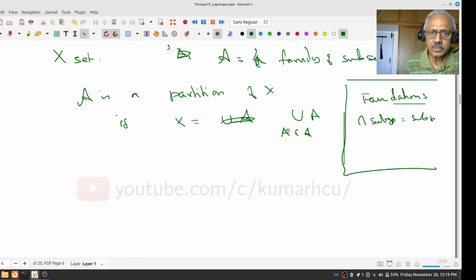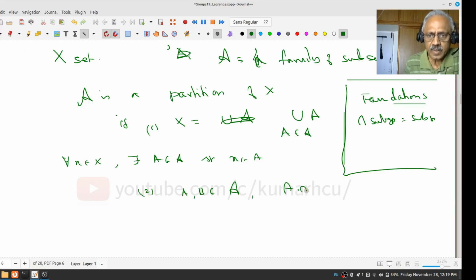So that means given any x in X, there exists an A in script A such that x belongs to A. That is the first condition. The second condition is given A and B in script A, then either A equals B or A intersection B is empty.